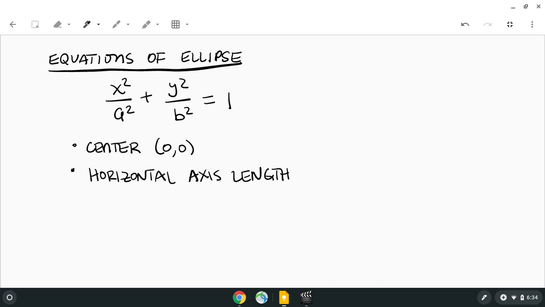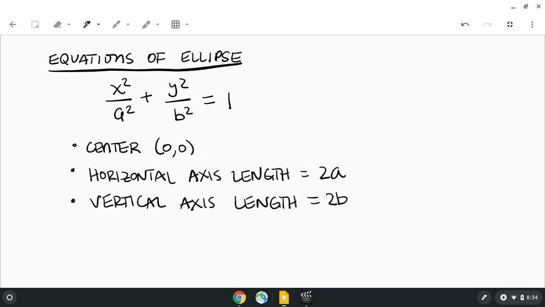If that's a squared, then the axis length is a times 2. And we know the vertical axis length. Vertical is the y direction, so we look at the denominator of the y squared, and it would be 2 times b.